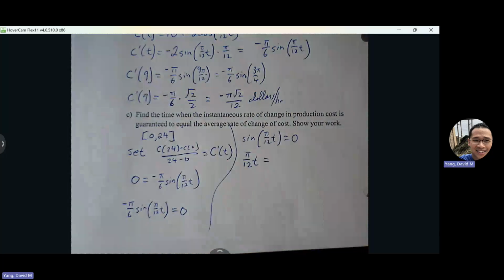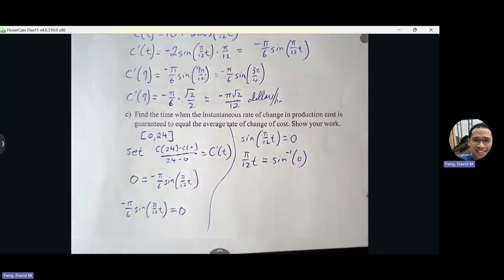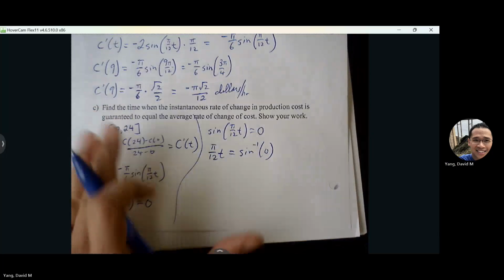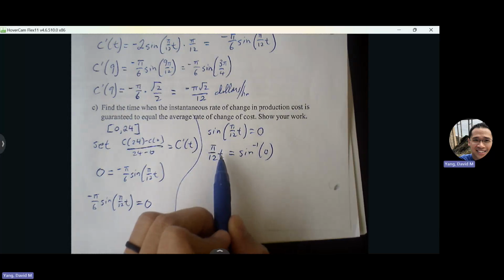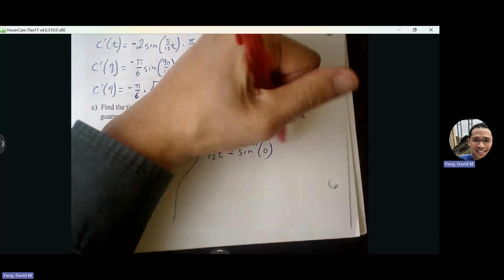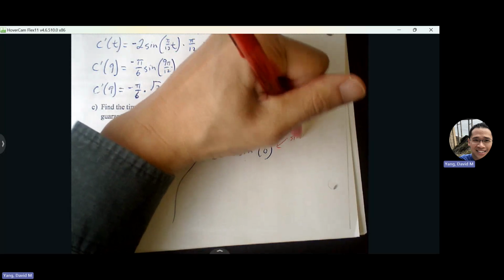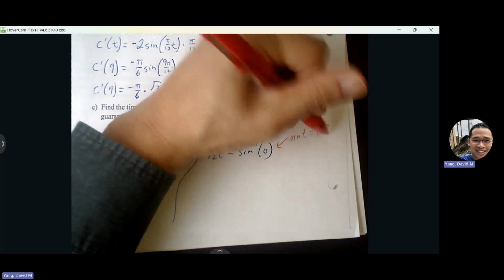Pi over 12t equals inverse sine of 0. Right, which is algebraically using inverse trig to help us isolate the variable. Inverse sine of 0 is basically saying, okay, what theta value or what t value allows sine of t to be equal to 0?